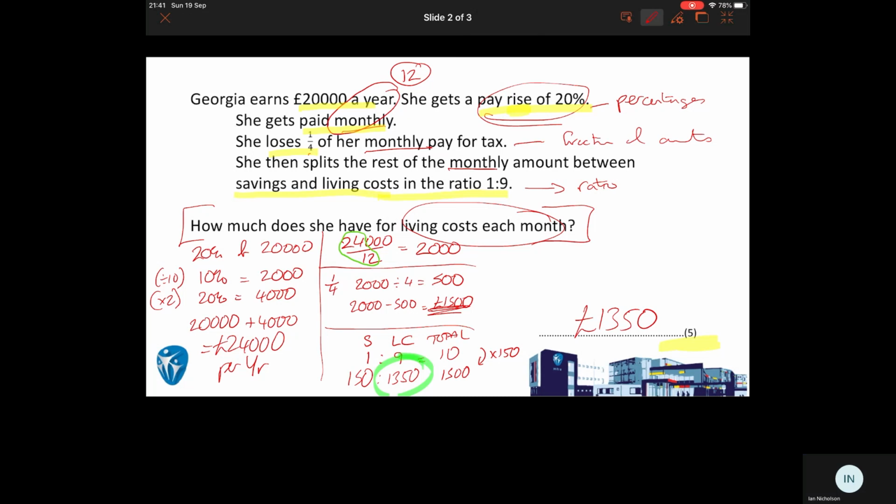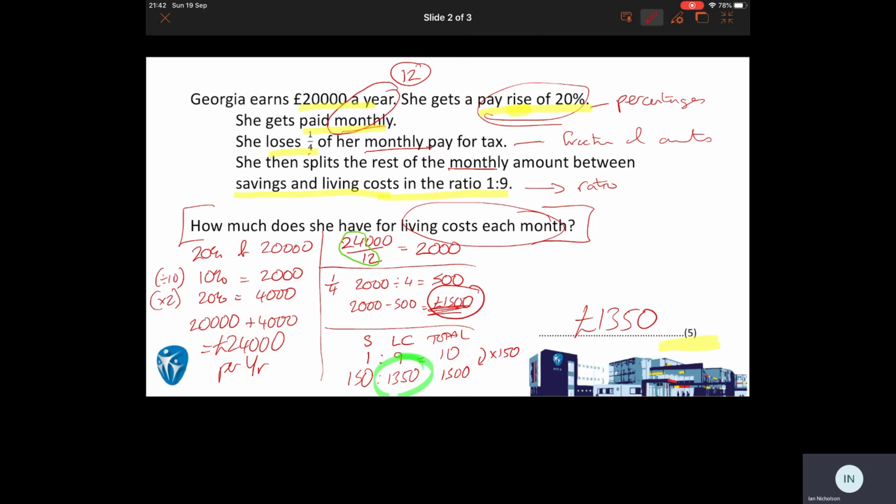Then, with all our work, a part of this metacognition is to evaluate our answers. So think about, does that seem sensible? Well, initially we had 1,500 we were splitting up with the ratio, so 1,350 sounds a reasonable amount.